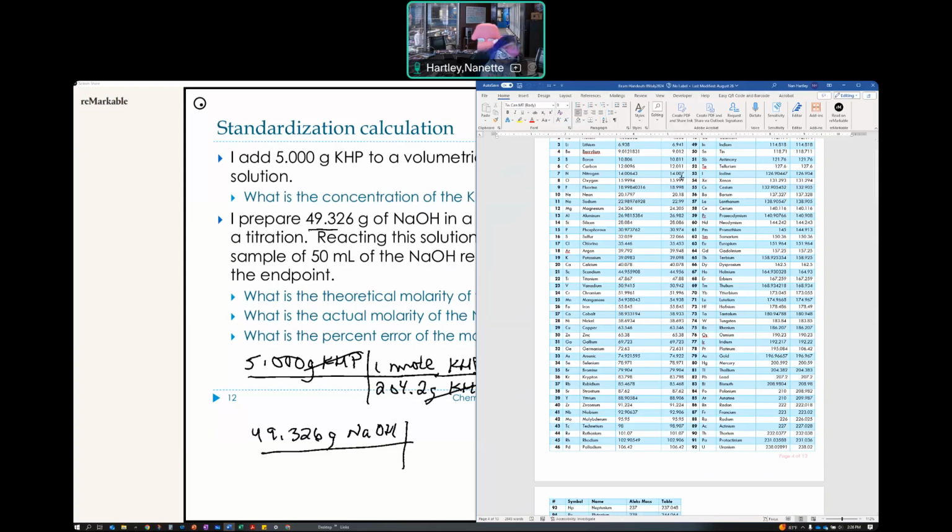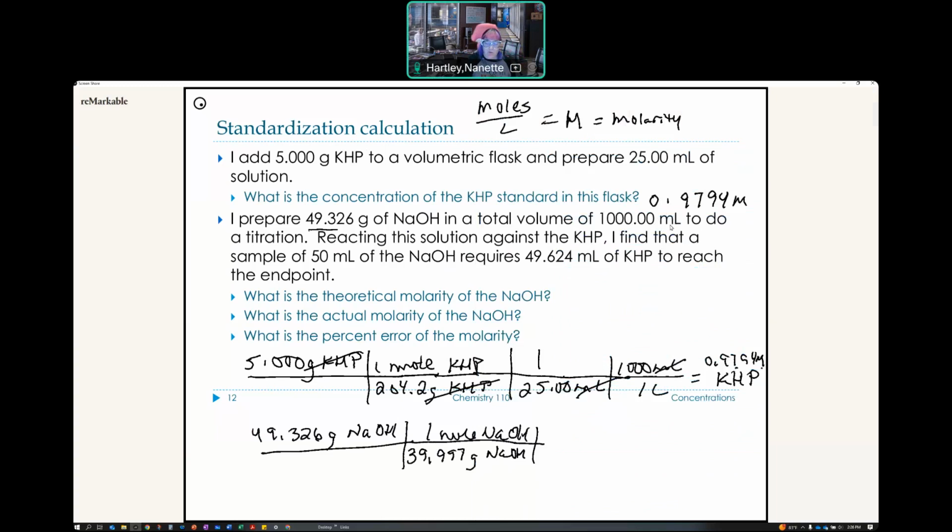So 39.997. 39.997 grams of NaOH in 1 mole of NaOH. And then that is in 1,000 milliliters, which is 1 liter.